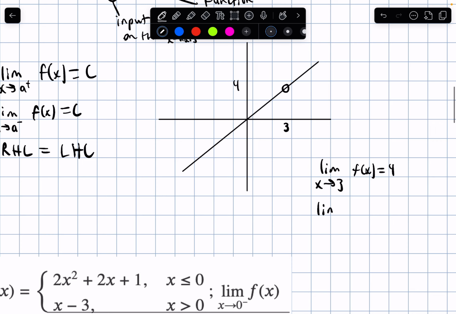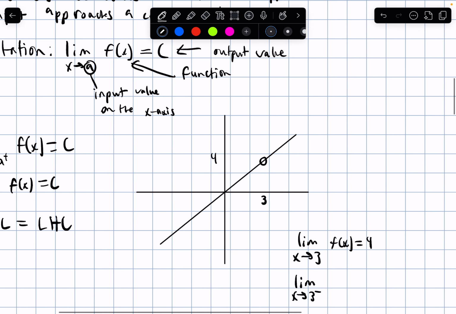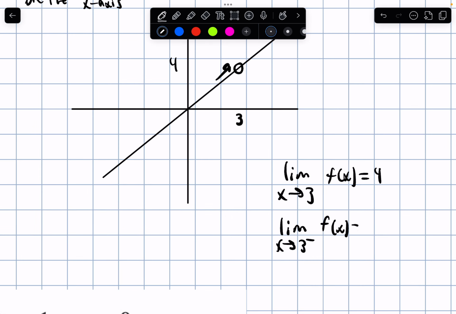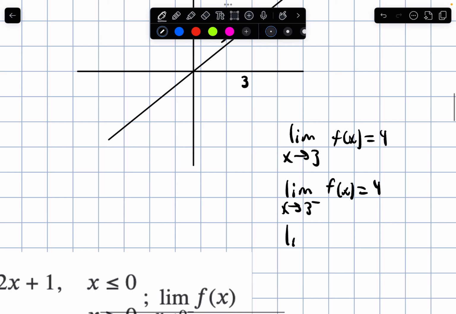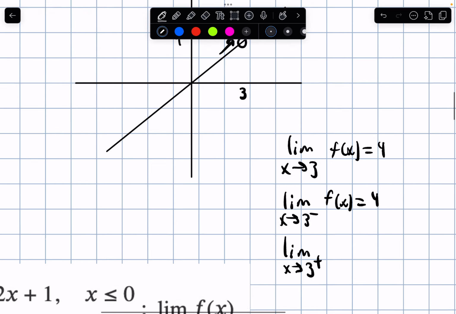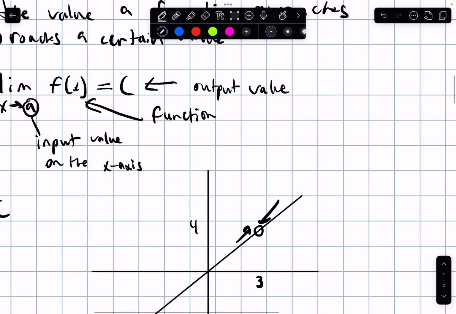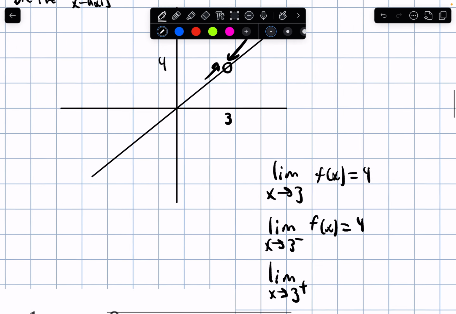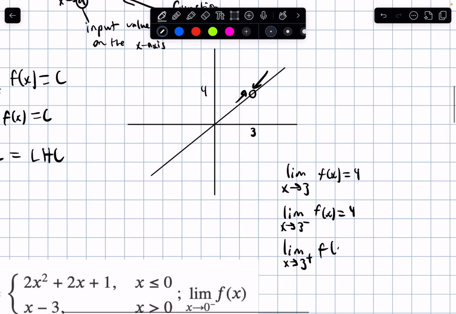But you'll also notice that the limit as x approaches 3 minus, our left-hand limit, also equals 4. As our x values approach 3, we get closer and closer to 4. And the limit as x approaches 3 plus, from the right-hand side, as our x values get closer to 3, our y values get very, very close to 4.